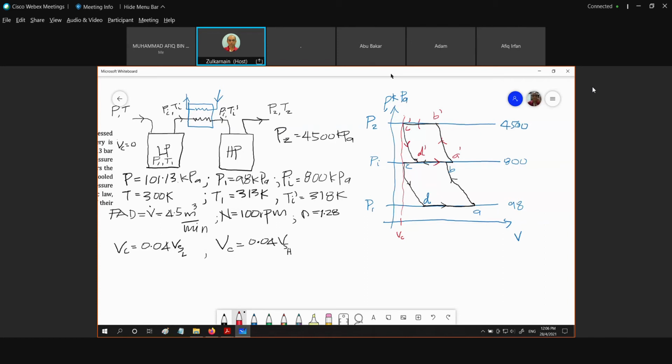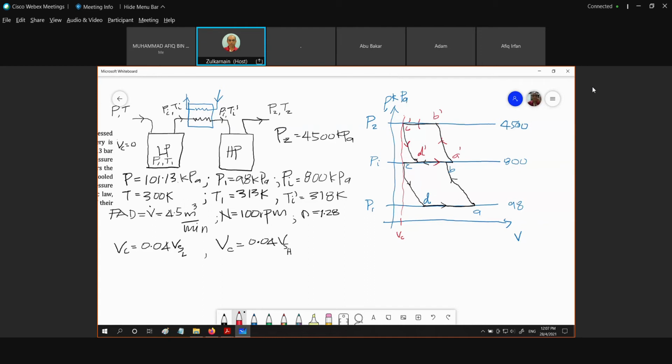Okay, so we have the induction of low pressure as VA minus VD, and the induction of the high pressure as VA prime minus VD prime. Right? Okay. Now the temperature, we need to look carefully at each temperature for each state, because now we have how many states?